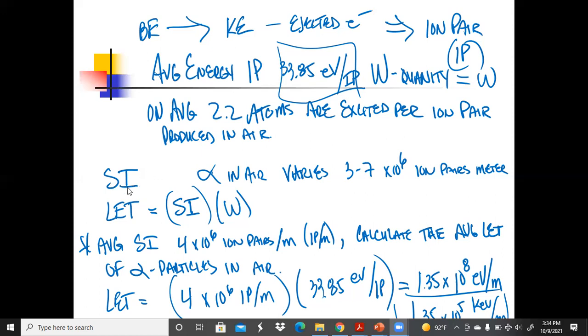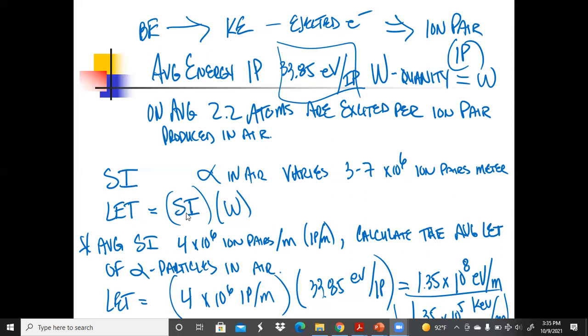Now, the specific ionization for alpha particles in air is going to vary somewhere between 3 to 7 times 10 to the 6th ion pairs per meter. This concept here, the LET, is going to be referred to as the linear energy transfer. And it's going to reflect exactly how much energy is going to be transferred into a material for the type of particle that is entering the material.